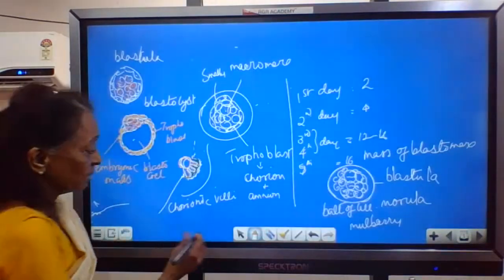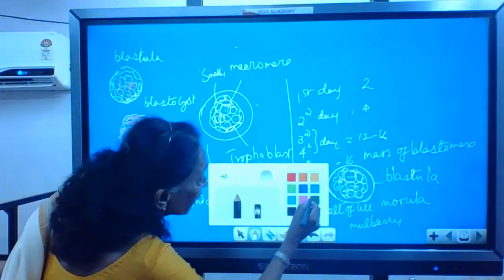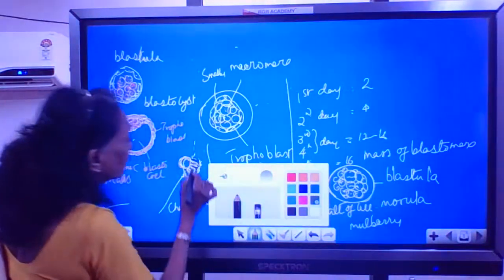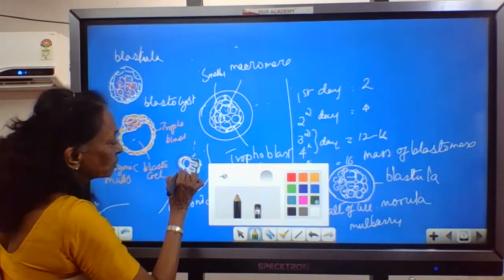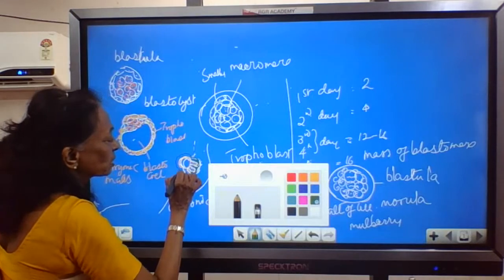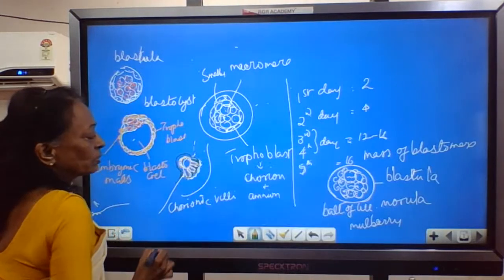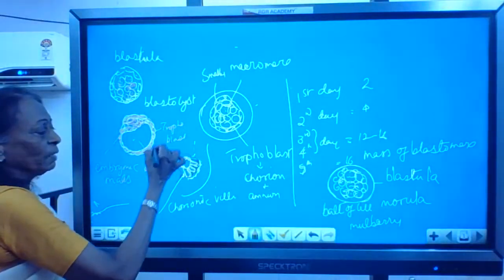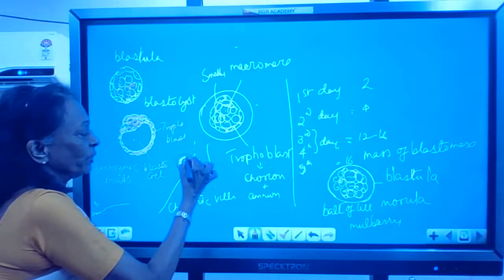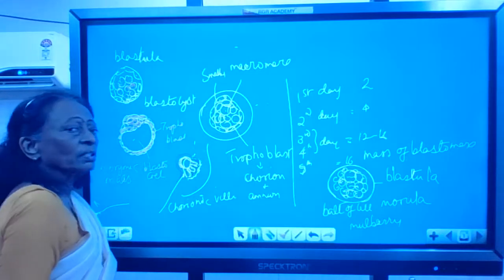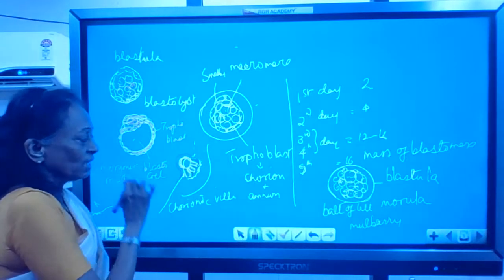After implantation occurs, what happens? The endometrium goes around the blastocyst and completely covers it, the inner wall. So the whole blastocyst is covered by the endometrium and fixed there. Now further development is enlargement.